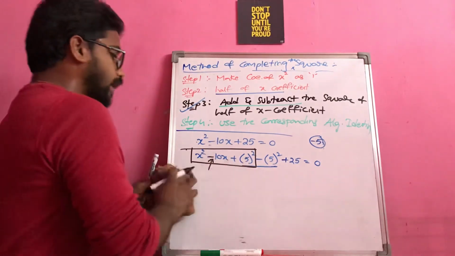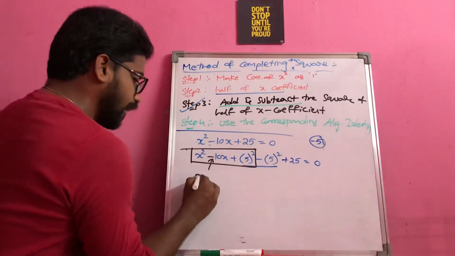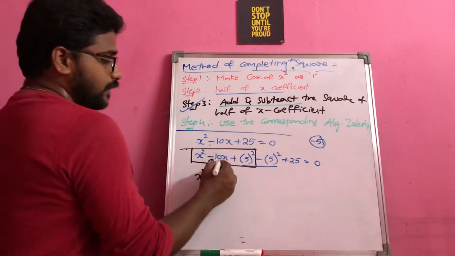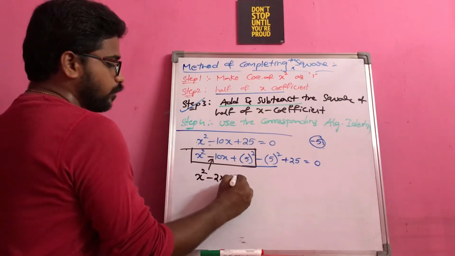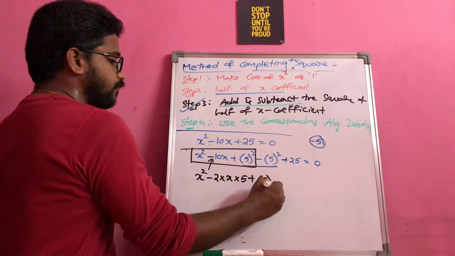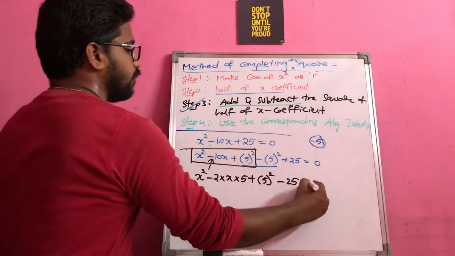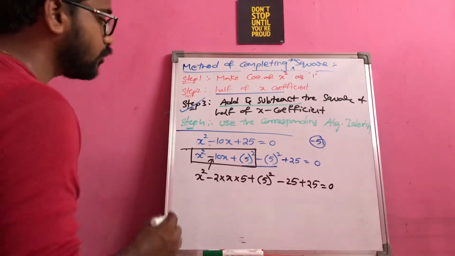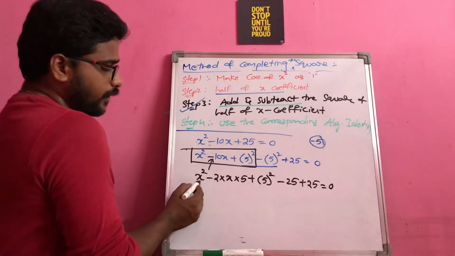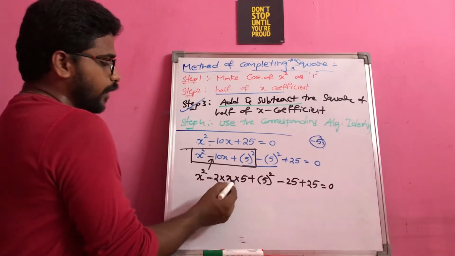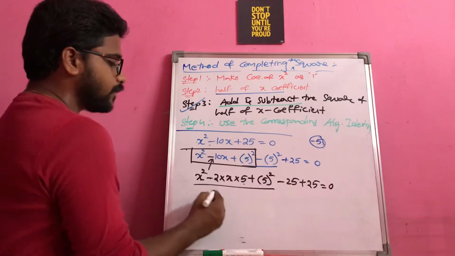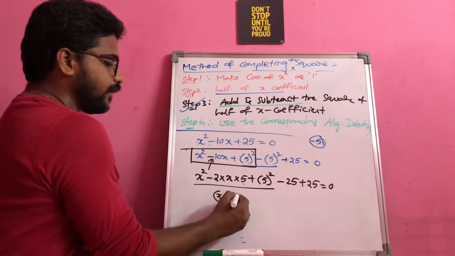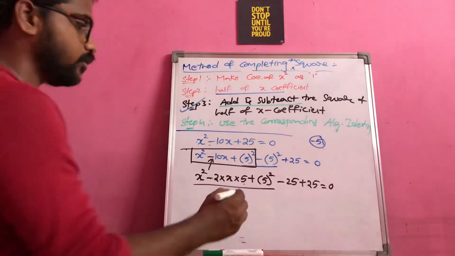Because I will tell you elaborately here: x square minus 10x can be written as x square minus 2 into x into 5, plus 5 square, minus 25, plus 25 equals 0. So you can observe here a square minus 2ab plus b square. That's why these three terms together will give you x minus 5 whole square.